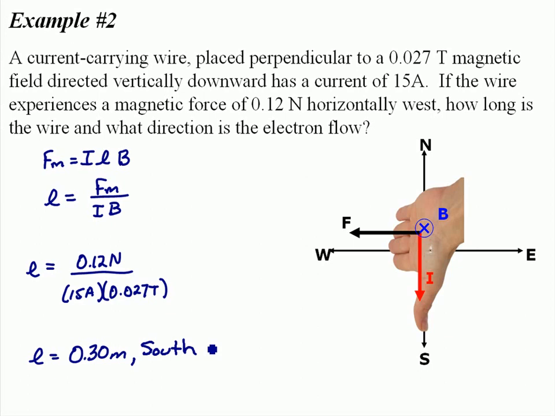And one other neat thing, which you can see in some of the exercise questions: if your conductor is parallel to the magnetic field, there's no force at all. Once you have two of those directions the same, they all have to be perpendicular to each other. So if your current is in the same direction as the magnetic field, there will be no force.